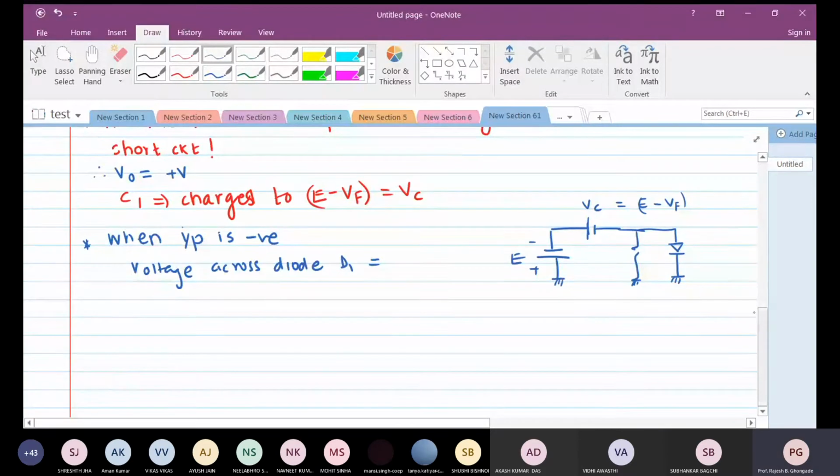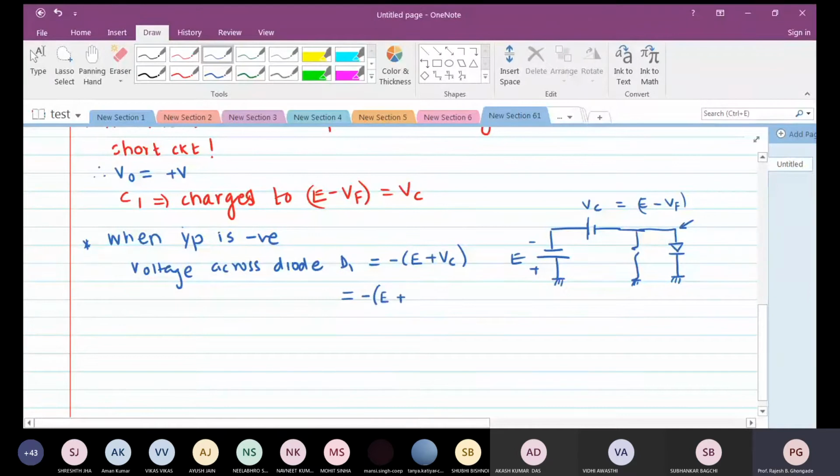So what is the total voltage across the diode with respect to ground? It will be minus E plus VC. Agreed? So what was that value?